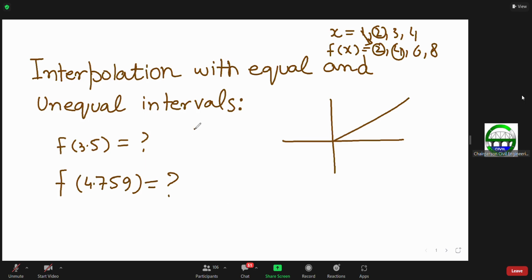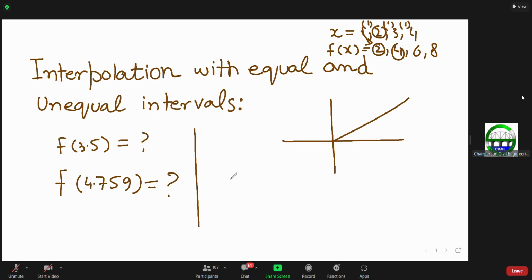This will become even more complex when the intervals are unequal, right? In this case the intervals were equal, a difference of one each time.